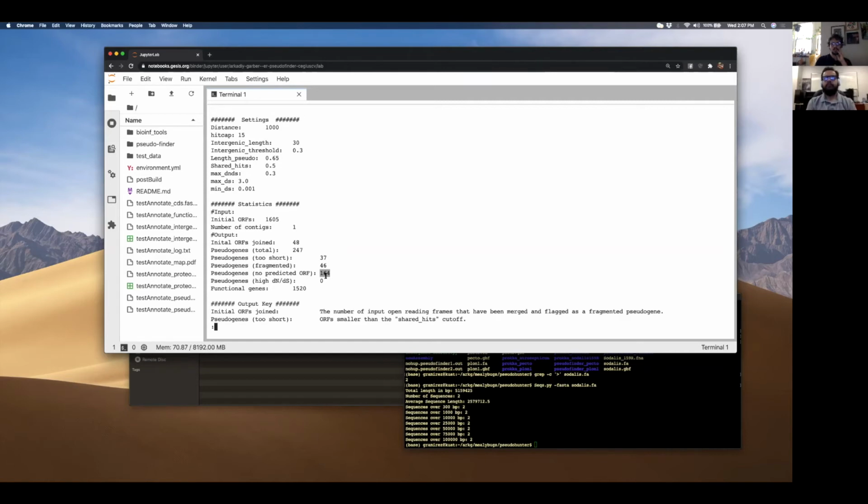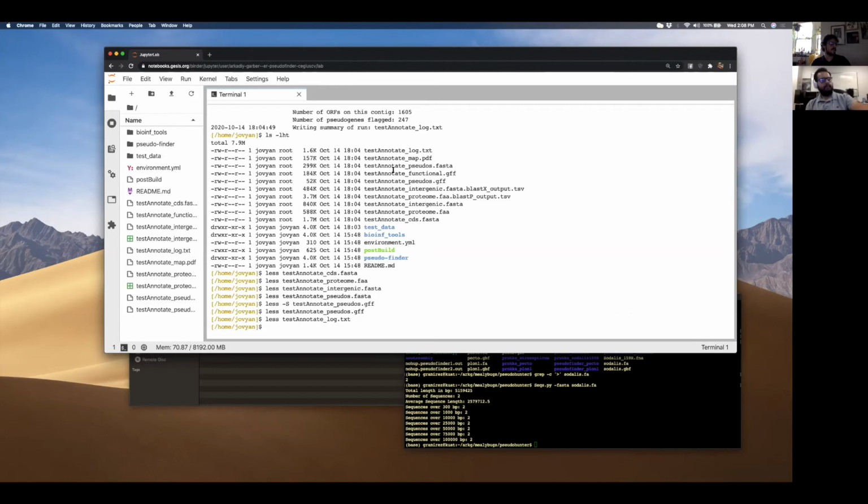This is where whatever gene predicting software was used to generate the GenBank file, let's say Prodigal, wasn't able to detect an open reading frame of a particular gene, but when you blast it against the reference data set, it recruited a certain number of hits, and that told Pseudo-Finder that it's a potential pseudogene.